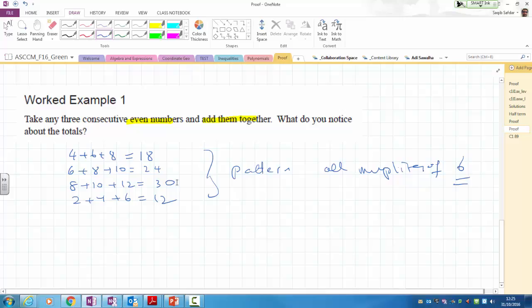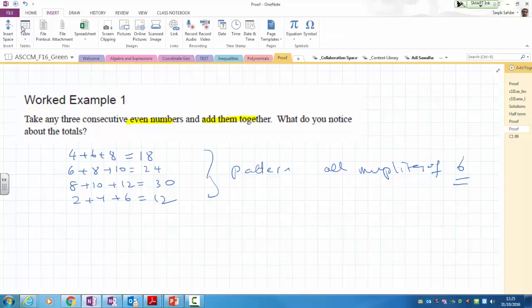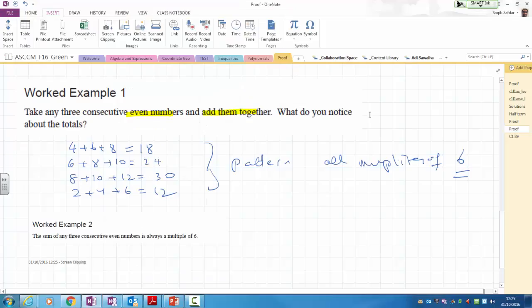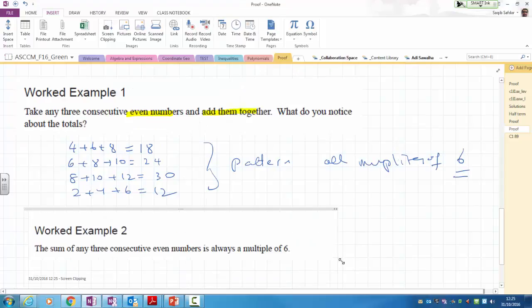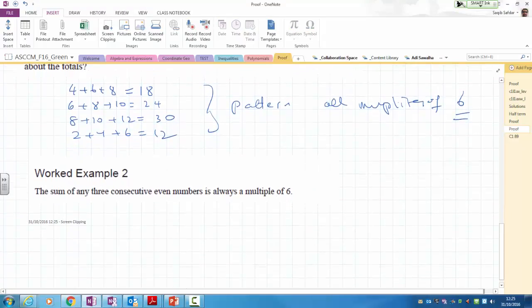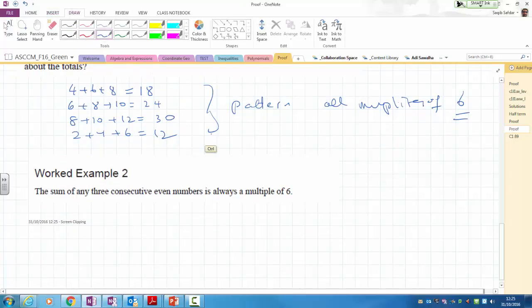Now, what we want to do is be able to prove this theory using some algebra. So this is what we'll do now. Let me stick this example in. Okay, and what we want to be able to do is show that the sum of any 3 even consecutive numbers is always going to be a multiple of 6. Now we can start doing this by the first 3.